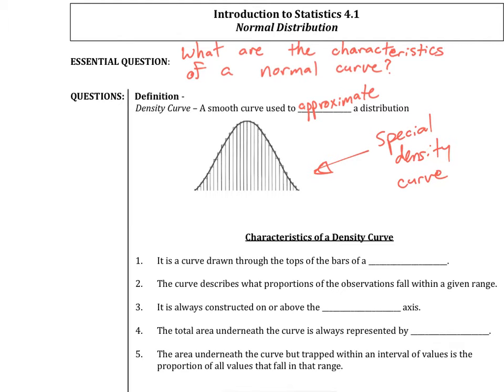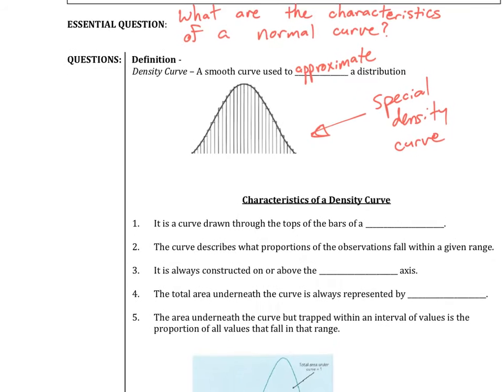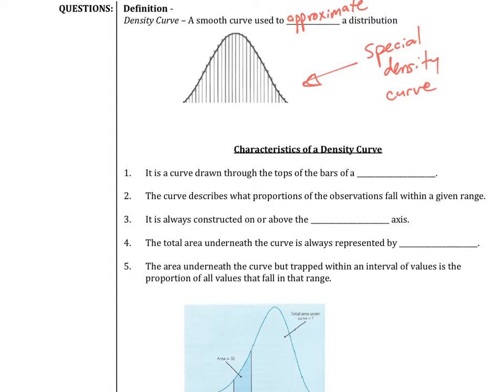The normal curve is special because it's completely uniform, and we're going to talk a little bit about what that means. The characteristics of a density curve is it is a curve drawn through the tops of the bars of a histogram.